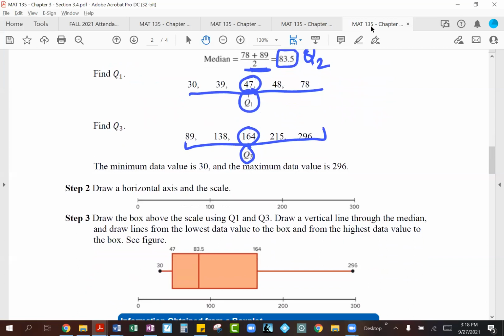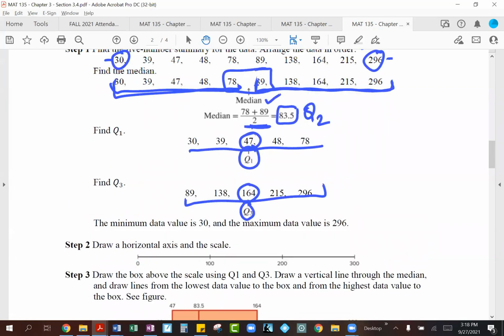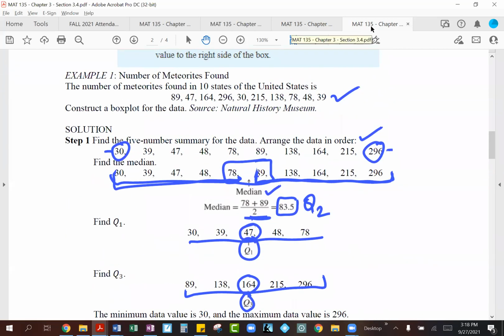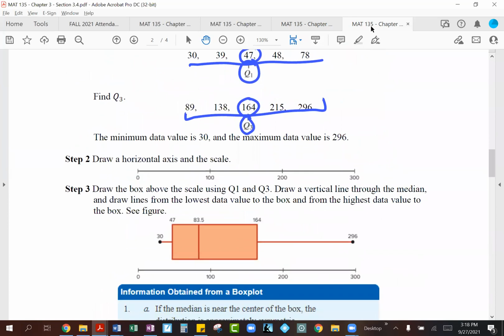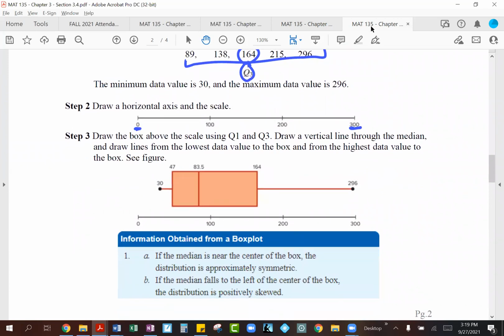And then basically what they have done is created a horizontal axis going from the smallest number of 30 to the largest number of 296. So you can see that's why they build this on a scale going from 0 to 300. Our lowest data value is 30, so they're positioning it where you think 30 would fall on this horizontal axis.